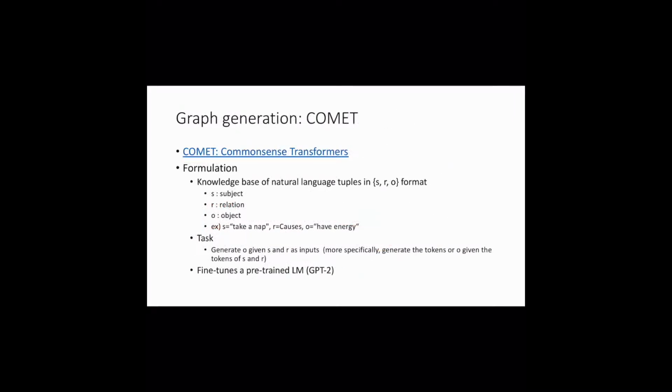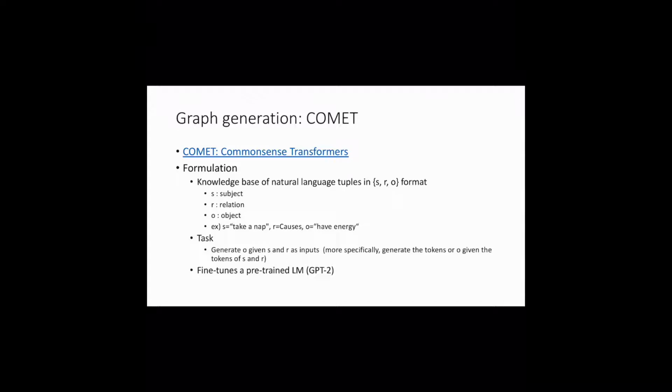We looked at the pros and cons of NetGAN for generating graphs. A second, somewhat related method for generating graphs is Comet. It's similar in that it also doesn't deal with the adjacency matrix, but generates paths directly. But in this case, the model is only concerned with a single tuple in the graph, not an entire path.